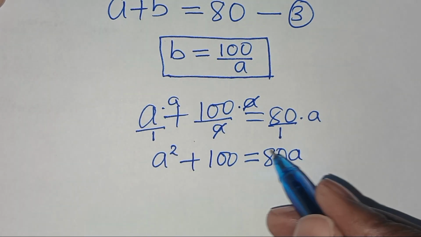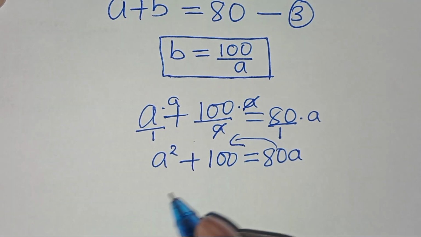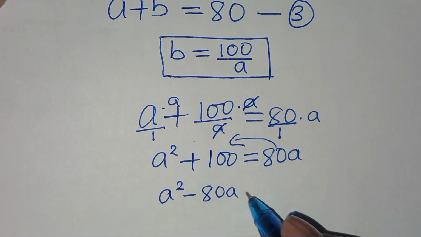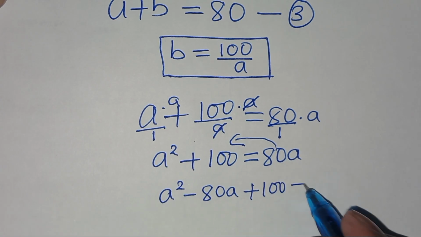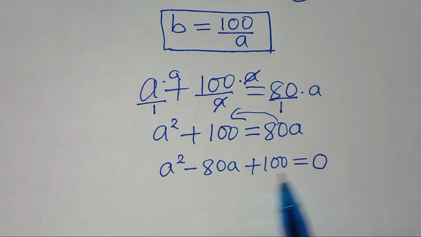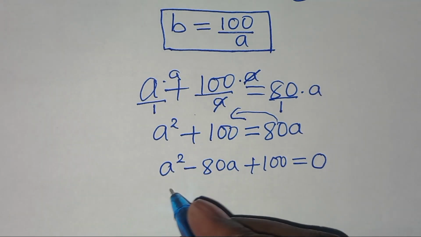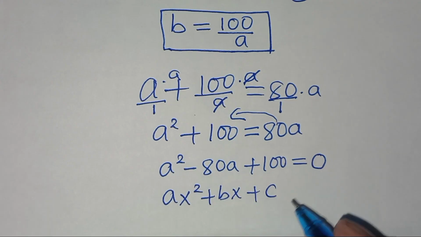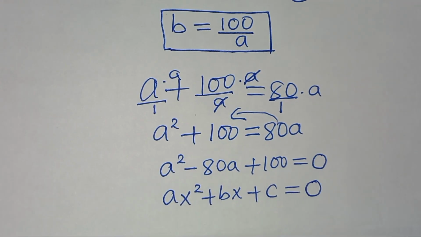Let's take 80a to the left hand side. So this is a squared, subtract 80a, plus 100, equal to 0. This is a quadratic equation of the form ax squared plus bx plus c equal to 0.